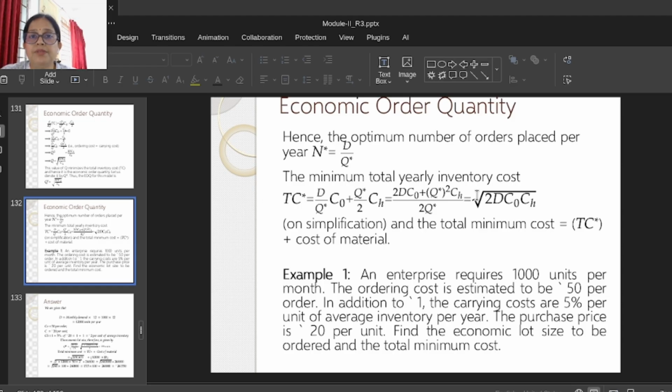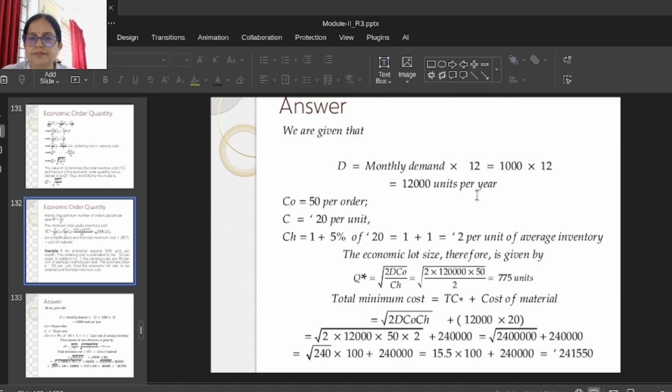So the unit of inventory cost is rupees per unit per time. So CH equals 1 plus 5% of 20.